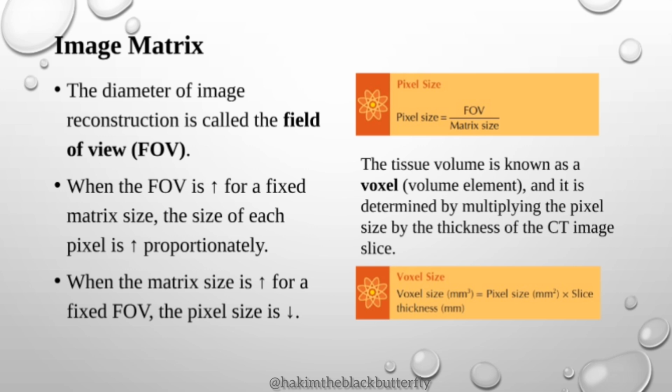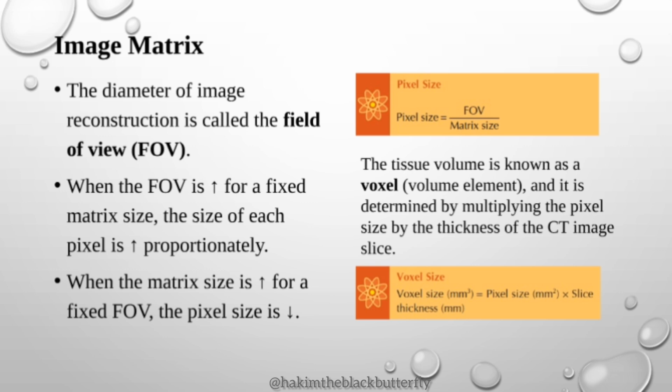The field which is actually giving you an image on the display is the field of view. And it is you, the radiographer, that can determine the field of view.